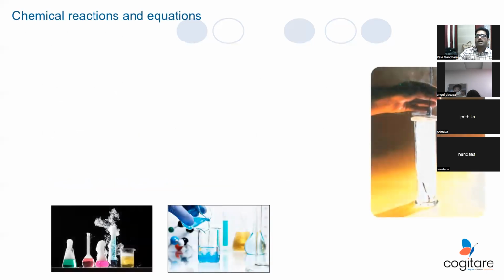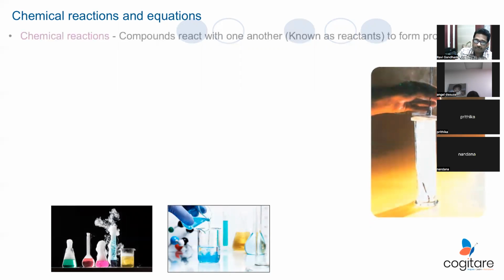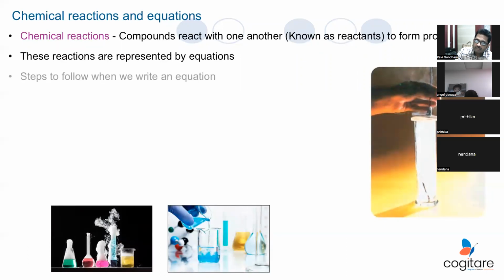Now, how to write a chemical equation? I want you guys actually to write this down very clearly. The steps that you follow when you write a chemical equation. Please write this down. The first thing that you'll have to do is write the equation in words. Please note this down.